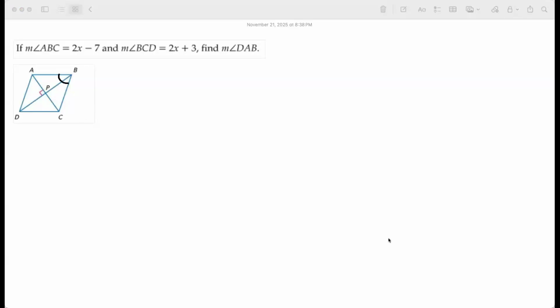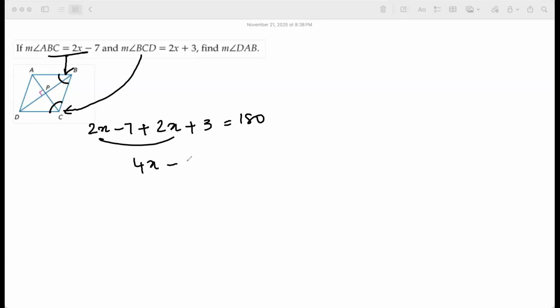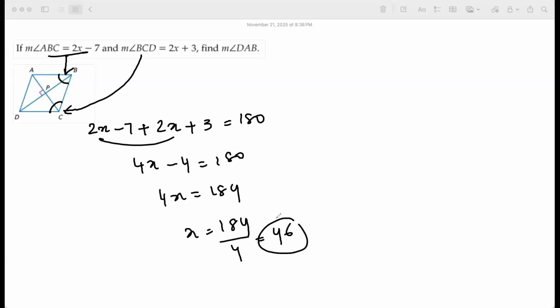Miss Priya, can you explain it? Sure, that's what I wanted to know. So this and this are supplementary. These are consecutive angles in a parallelogram. They have given these here. 2x minus 7 plus 2x plus 3 will be supplementary. 4x minus 4 equals 180. 4x equals 184. x equals 184 by 4, which is 46.